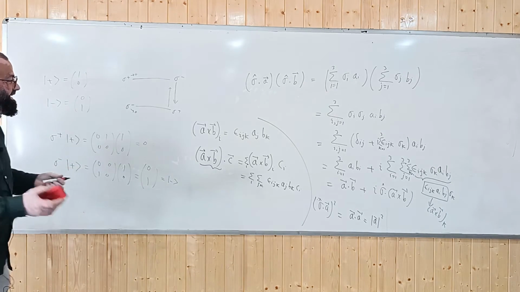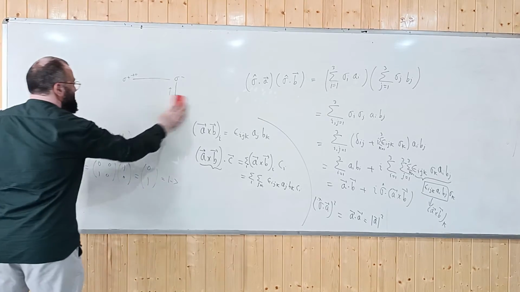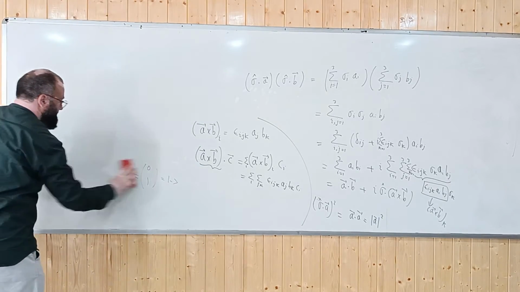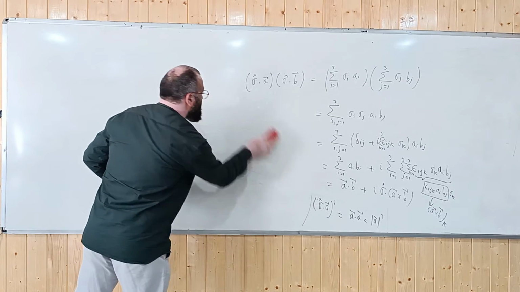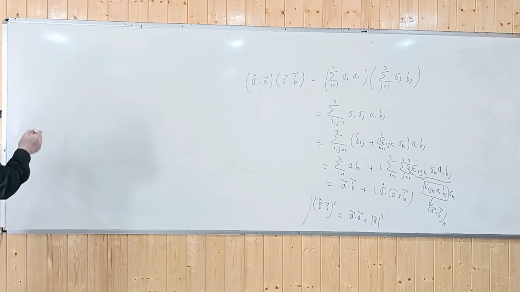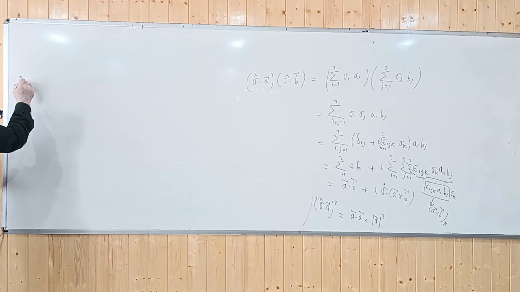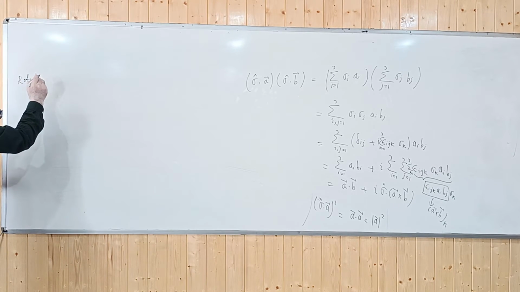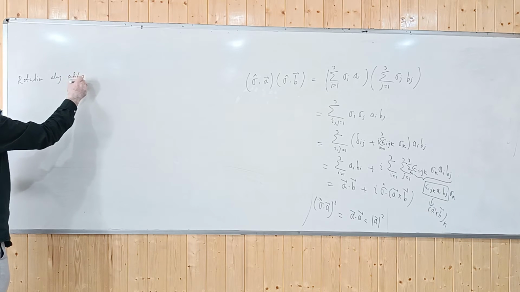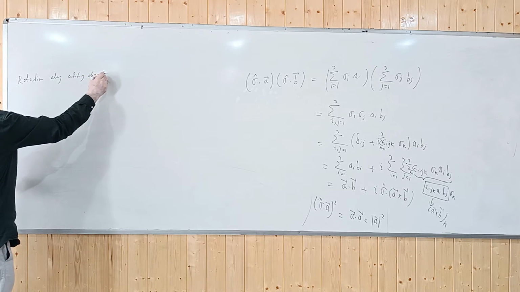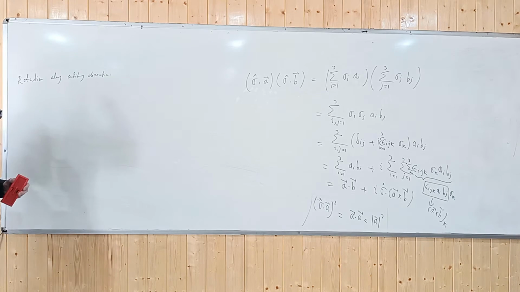So let's take another identity where I'll use this result. Okay. So now let's take a rotation along an arbitrary direction. Let's take the rotation operator along arbitrary direction. Clear?